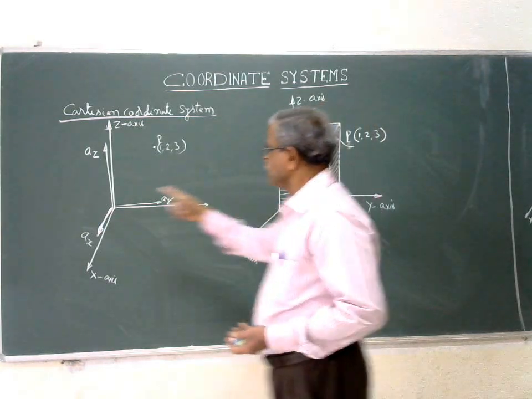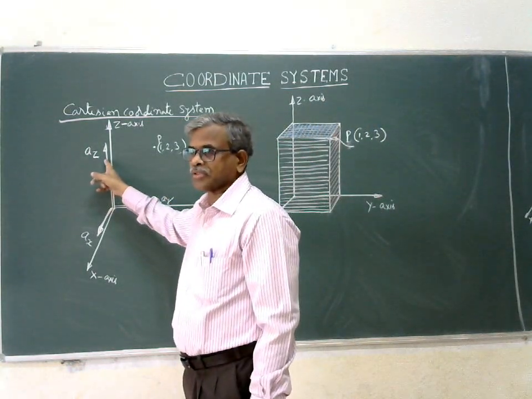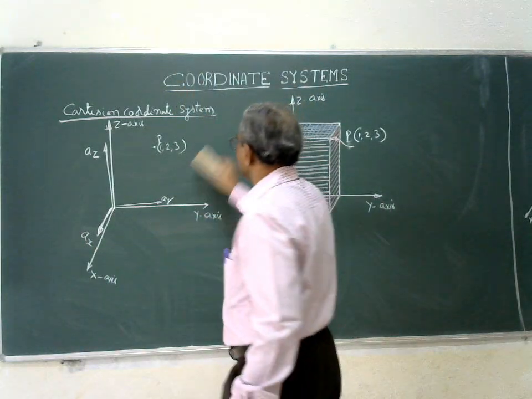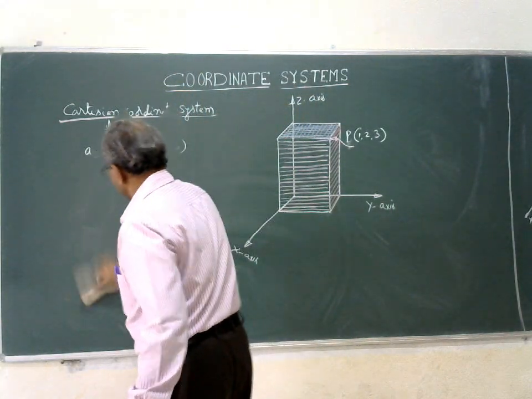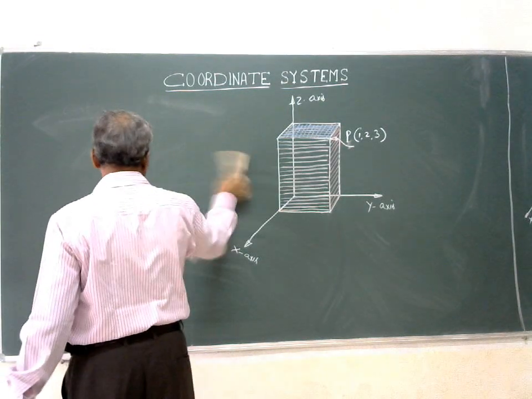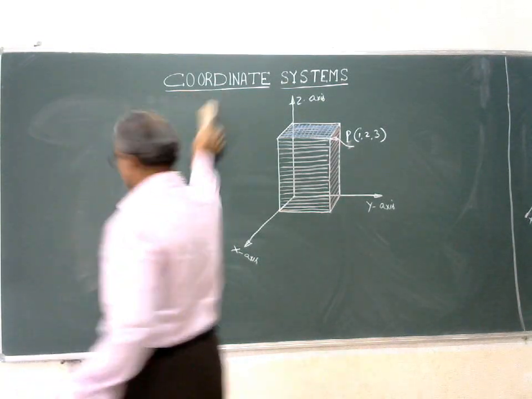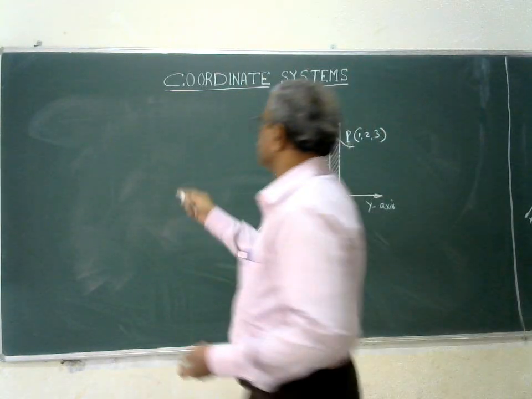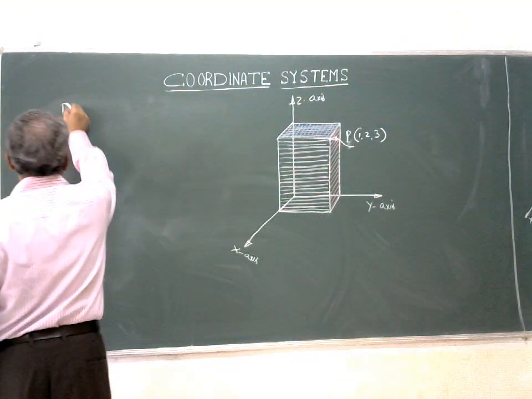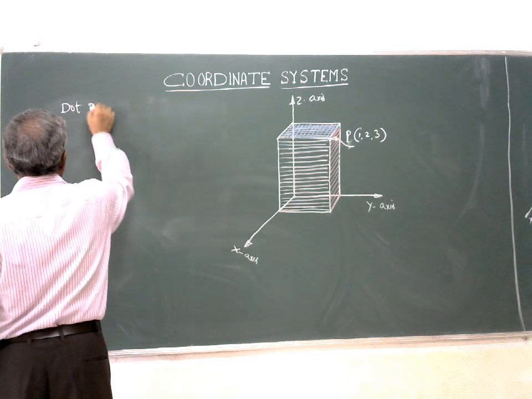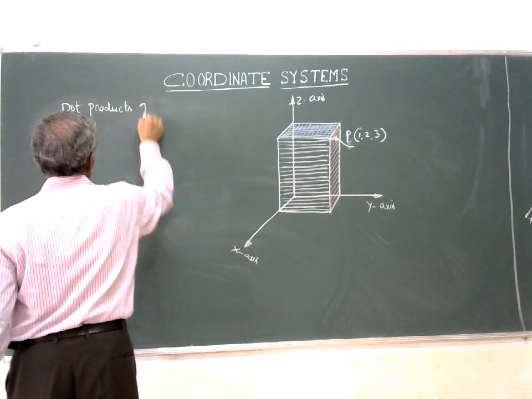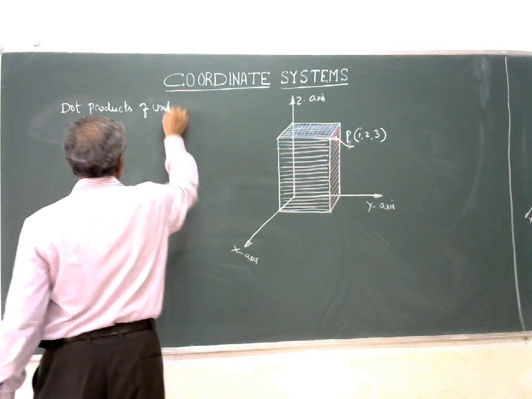Now we will see the dot products of unit vectors.